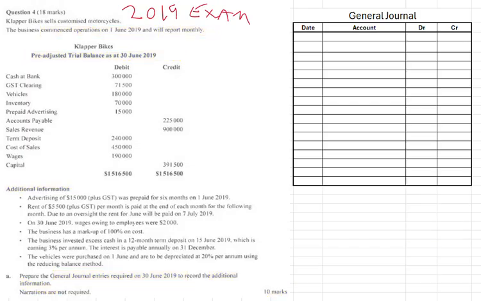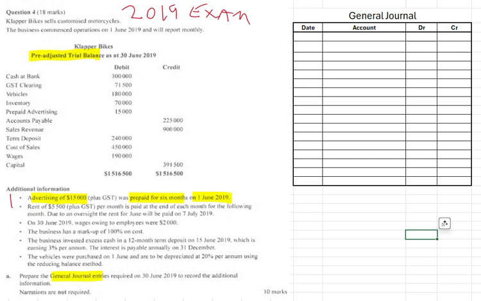So entry number 1, we've got some advertising down here. 15k plus GST prepaid for 6 months on the 1st of June. Again, what are we required to do? Because this is a pre-adjusted trial balance, there is no advertising expense in our pre-adjusted TB.